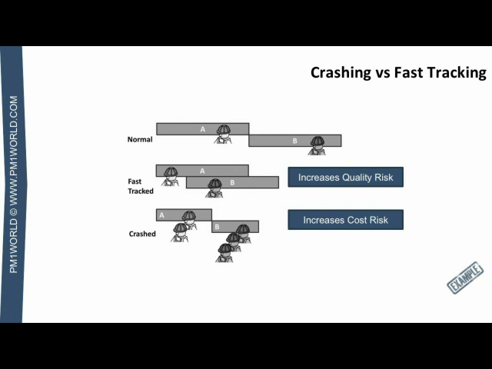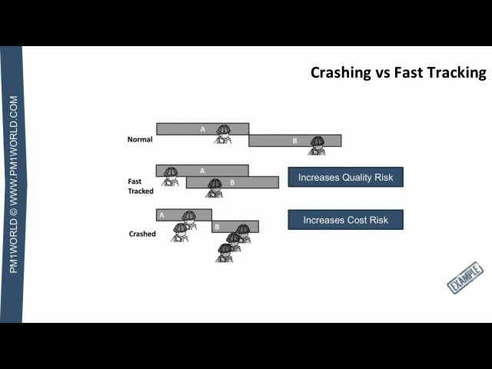Fast tracking is a technique where activities that are normally done in sequence can be done in parallel for at least a portion of the duration, if not entirely. This is sometimes used in order to compress the schedule. An example would be if you construct a foundation for a building before completing all the architectural drawings. Maybe some of them were needed for the foundation, but sometimes you overlap work.